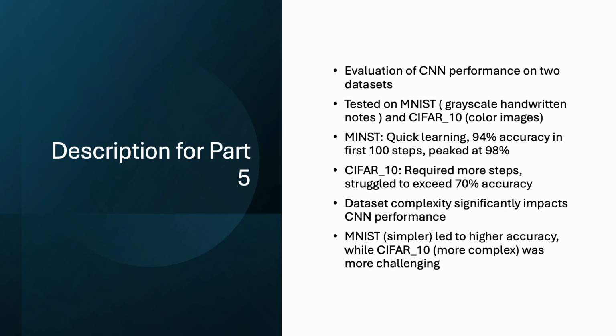While comparing the two, I noted that the CNN on MNIST performed very well, reaching 94% in the first 100 steps, with a highest accuracy of 98%, while the CNN on CIFAR-10 required more steps and struggled to pass 70% accuracy. This showed me that the complexity of the dataset really affected the performance of the CNN.